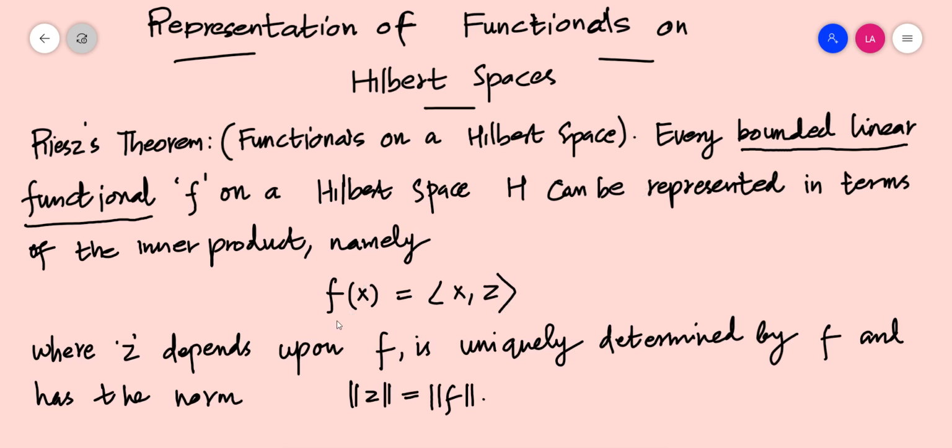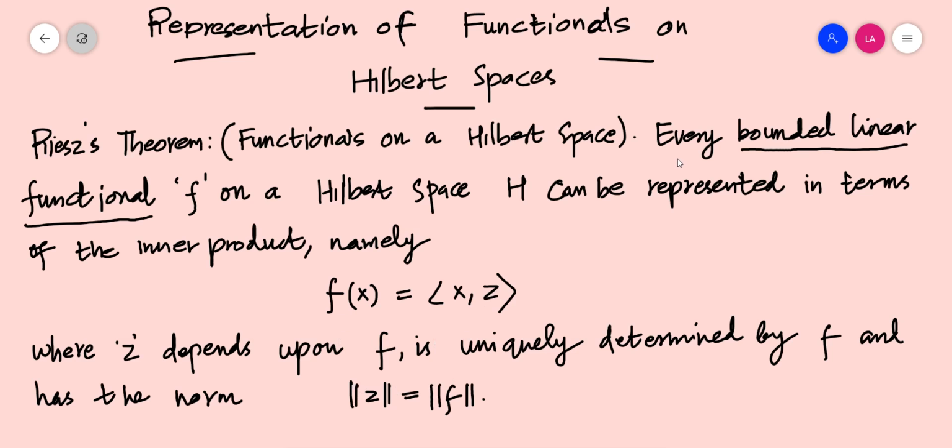Every bounded linear functional on a Hilbert space can be represented in terms of an inner product, and associated with f there exists another element z. This z is unique with regard to f, meaning corresponding to every f there exists a unique z, and both f and z have the same norm.